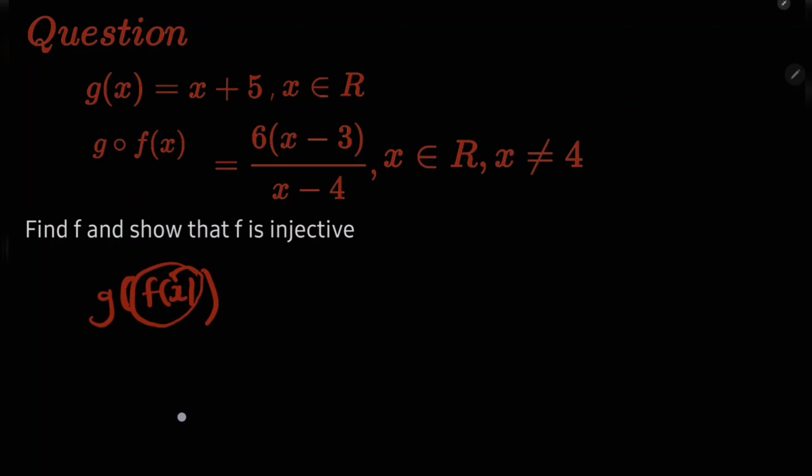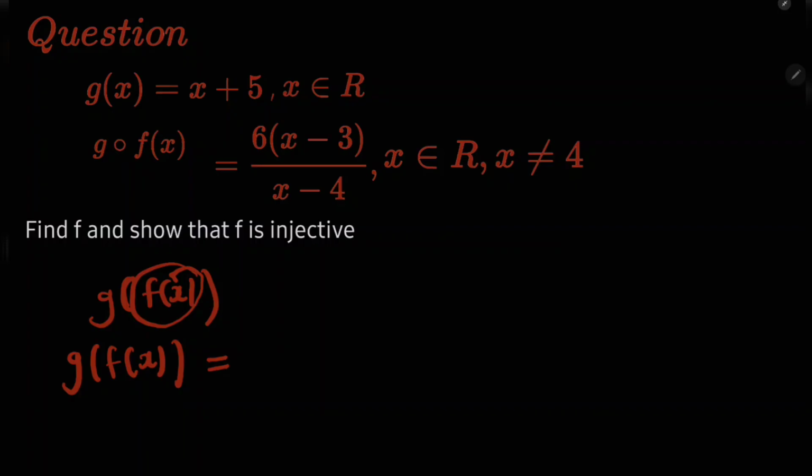So we are going to have g of f of x equal to, remember I'm breaking it down. If f of x was given, to find g of f we would just break it down: we know f of x, then we take the result and substitute it for x in the g of x function.